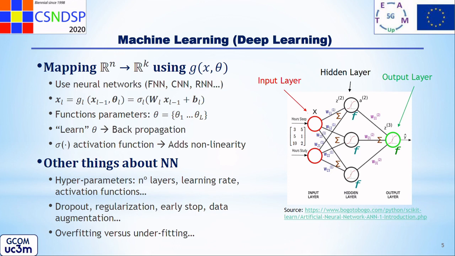It is composed of L uppercase layers, with each having a transfer function defined by the weights WL, BL, and the activation function sigma L, as we can see in this definition. It is worth noting that the output of layer L-1 is in fact the input to layer L.